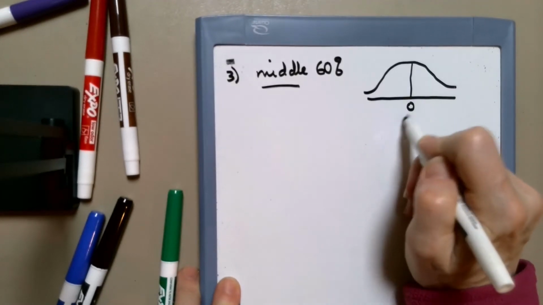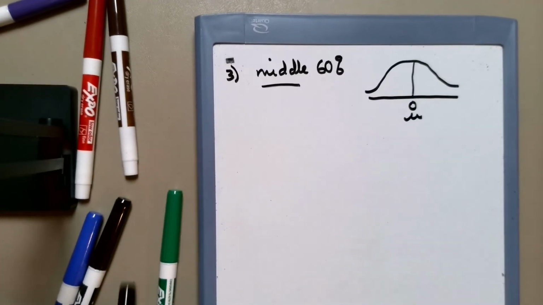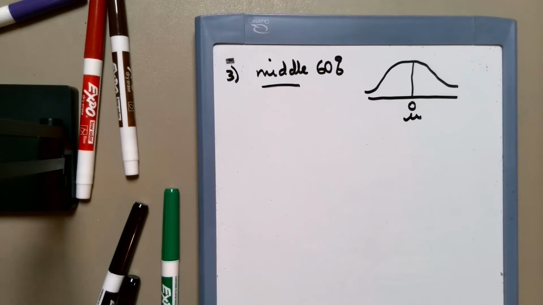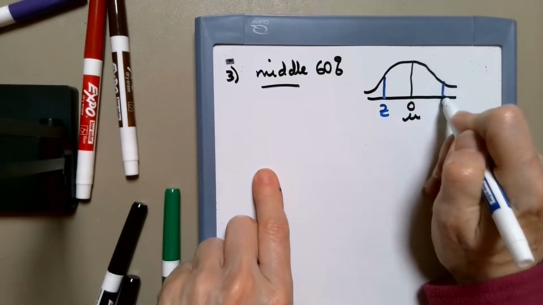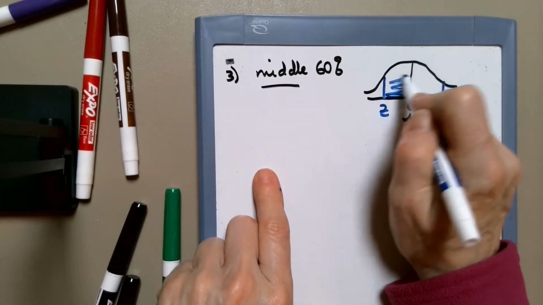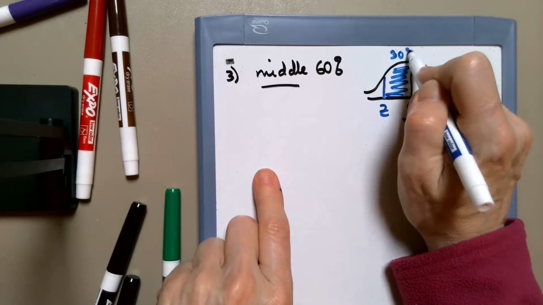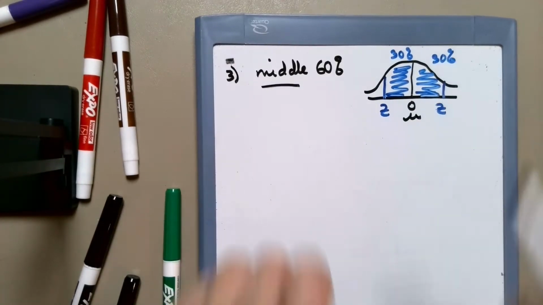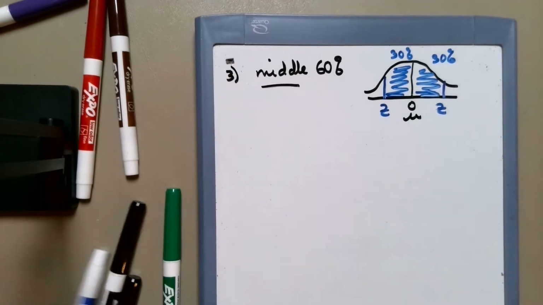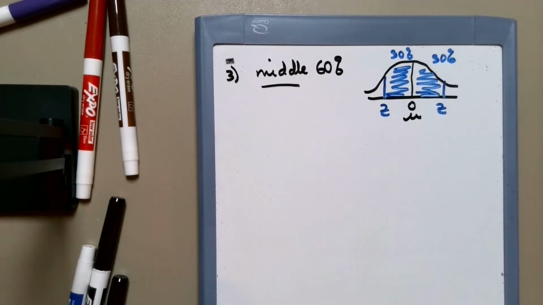Standard normal distribution, the mean is 0. The middle 60% you have to split equally between each side of our symmetric curve, so z here and z here. This is 30%, and this is 30%, because that's 60%. But what you really need to know is what's in each tail, specifically the left tail.